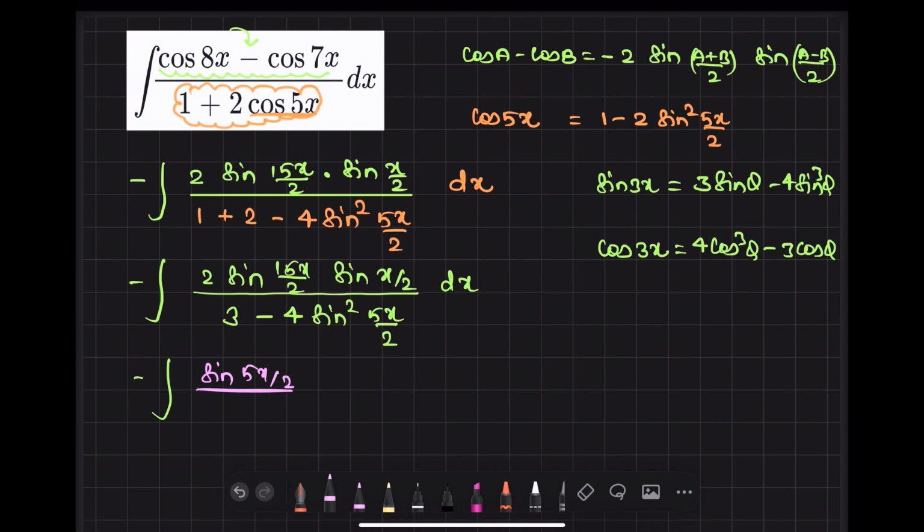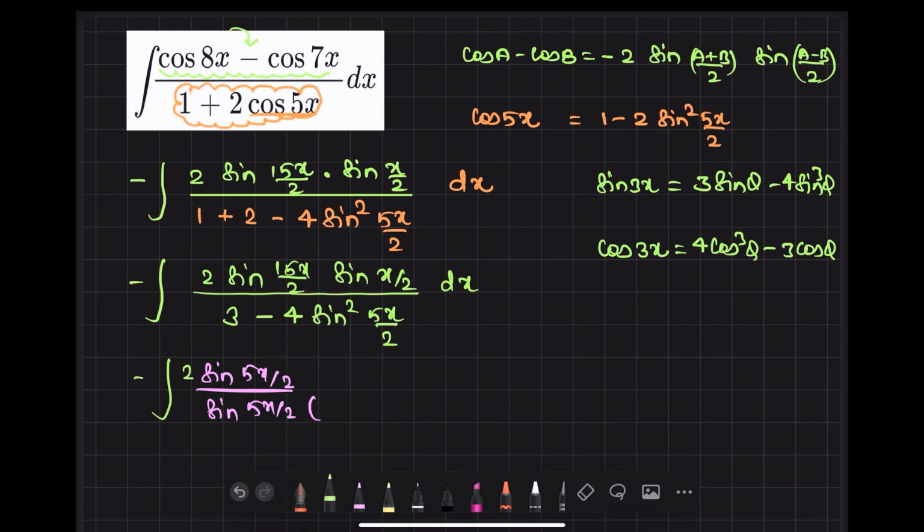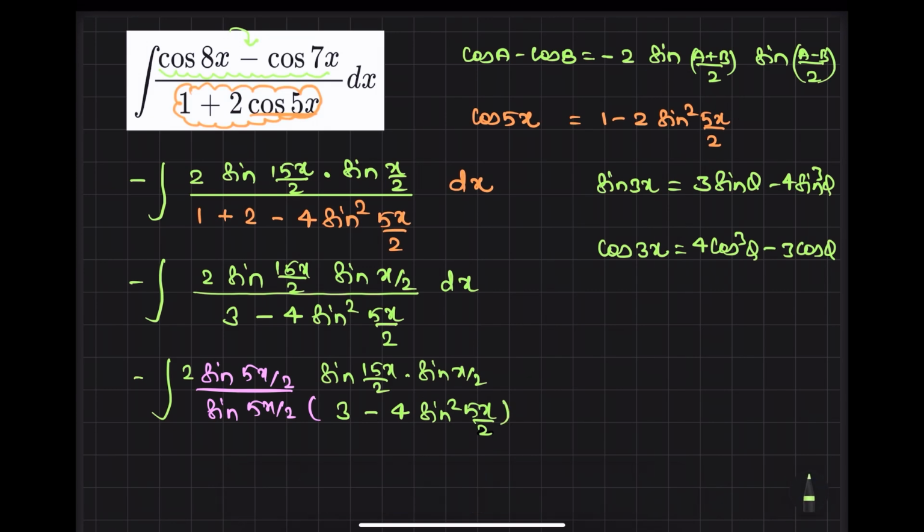So the denominator component has sine 5x by 2. For the numerator we don't have any problem because we have 2, we have sine 15x by 2 and then sine x by 2. Now look at this. This thing is 3 minus 4 sine square 5x by 2 and then we have dx.